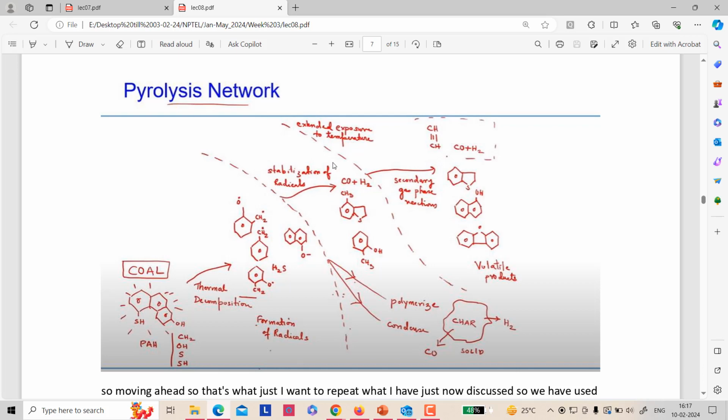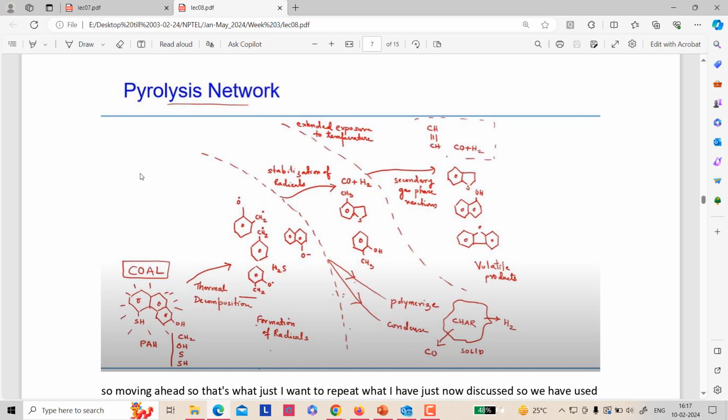Now, if these radicals are exposed to higher temperature for a longer period of time, they will undergo secondary gas phase reactions. After the secondary gas phase reactions, acetylene, CH triple bond CH, syngas and aromatic phenolic compounds are also produced.